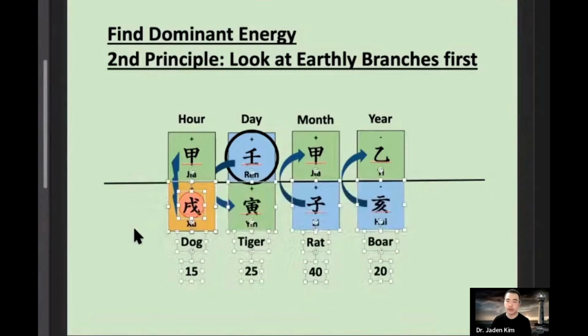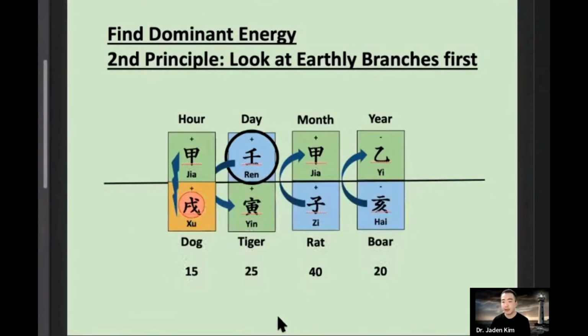First, just look at the earthly branches, and there is more water energy, about 60%, right? Wood takes just 25, earth just 15. So I will consider this chart water dominant, especially since this time of year is December.